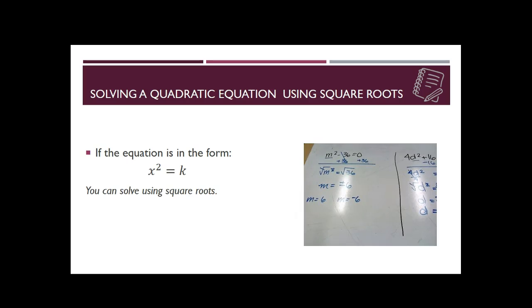So in this equation, my two roots, or my two zeros, should have come up with 6 and negative 6.